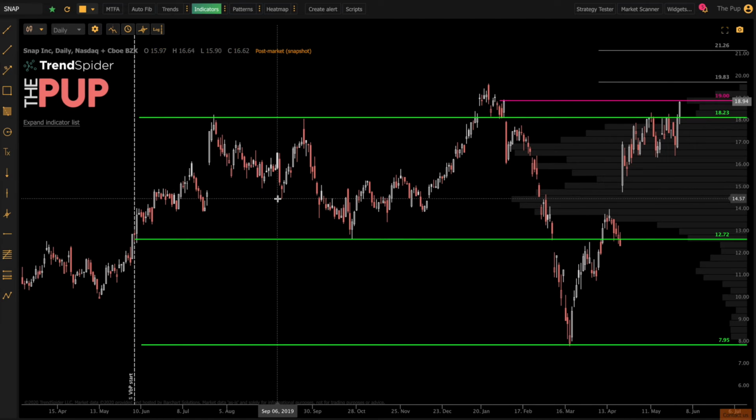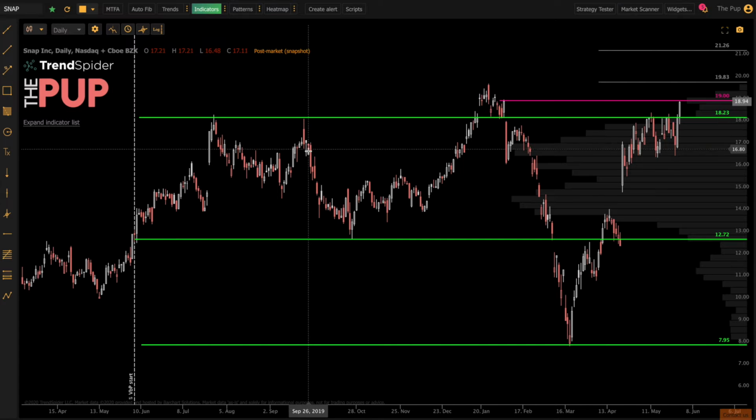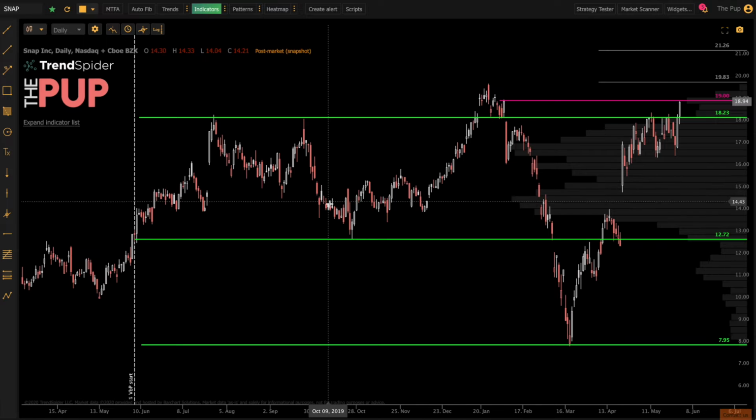We sold off to 14.57, then retested this 18.23 level again, and we sold off. Usually when that happens, it means this is a strong resistance level, and price is going to try and discover a new low. So we break through this 14.64, or 14.61 level, and now we test this 12.78 level.